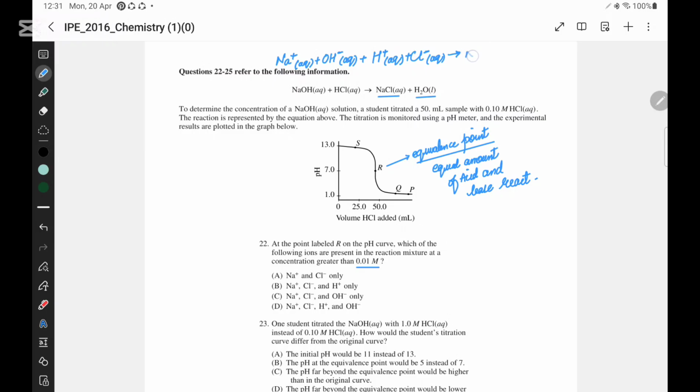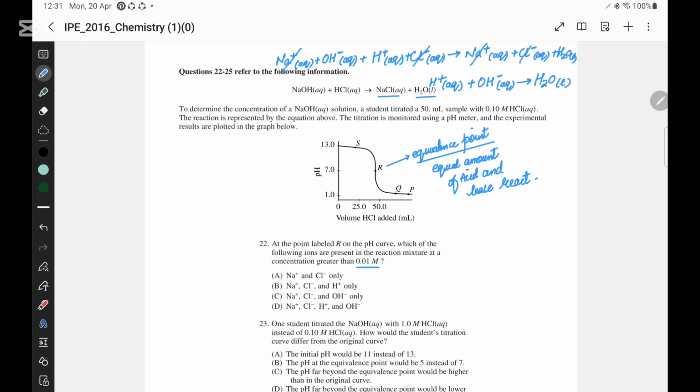They would form Na+ (aq) plus Cl- (aq) plus water in liquid form. Then from both sides the spectator ions are cancelled, and H+ (aq) reacts with OH- (aq) to form water in liquid form.